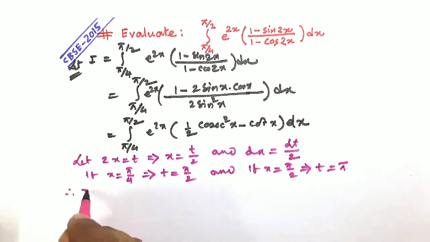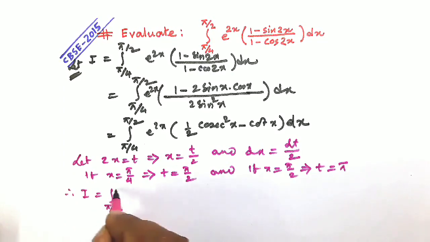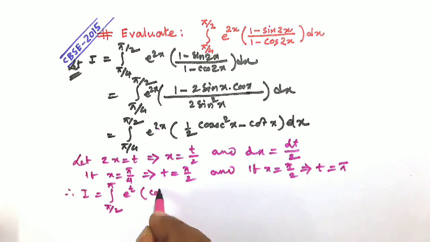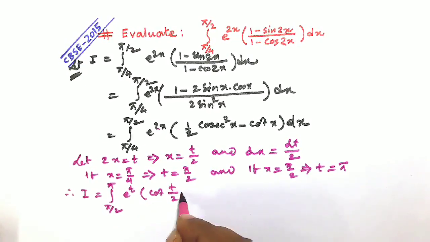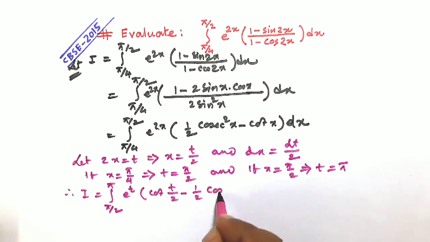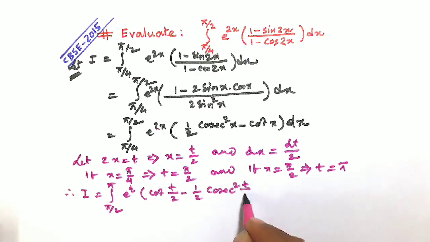Therefore I is equal to integration pi upon 2 to pi, and e to the power 2x is now e to the power t only, into cot t upon 2 minus half cosec square t upon 2 dt.